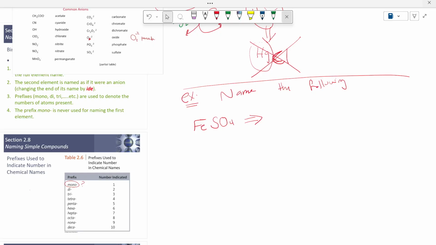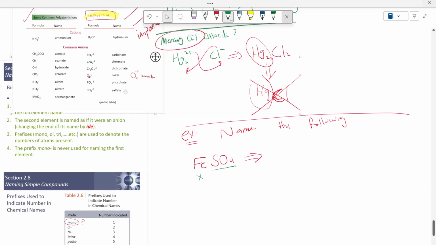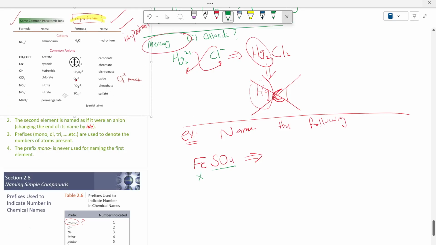Because iron is a type 2 element, we should determine its charge. Use the previous procedure. Assume the charge of iron is X. SO4 is a polyatomic ion. As we said, you should know the charges of these polyatomic ions. It's here. Can you see the last one? The charge is minus 2.